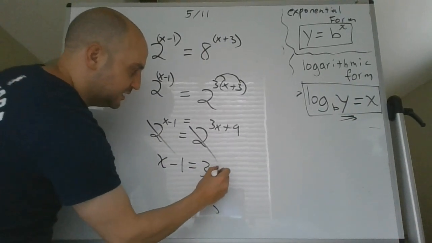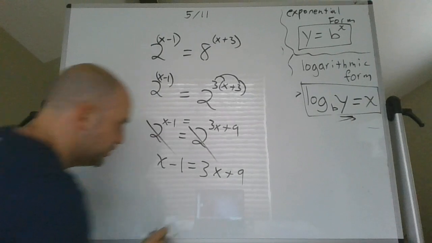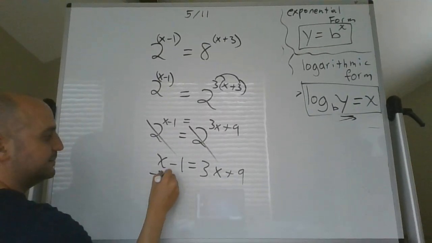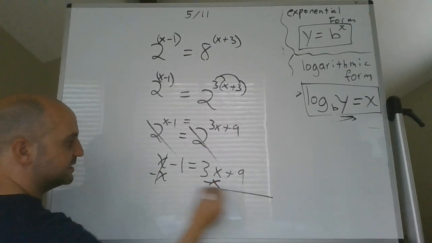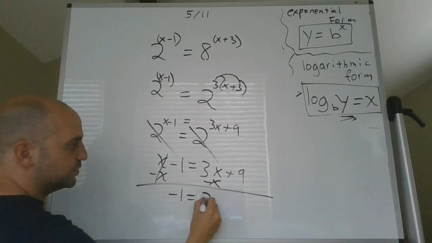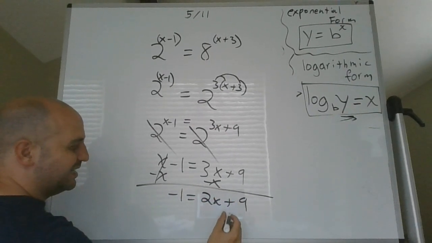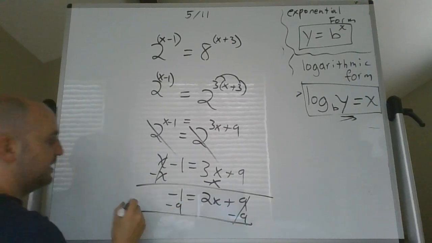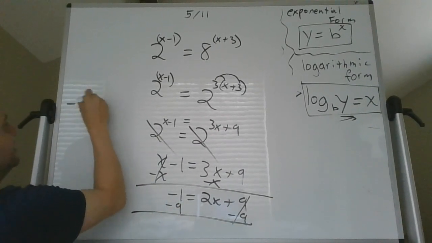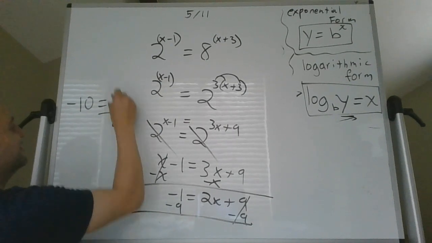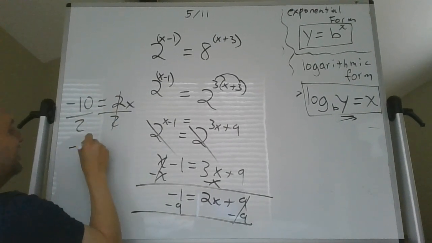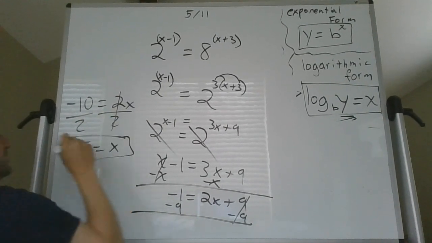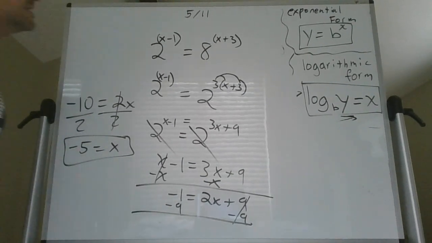X minus 1 equals 3x plus 9. At this point, you're just solving an algebra problem. Minus x, negative 1 equals 2x plus 9, minus 9, minus 9. That gives me negative 10 equals 2x. Divide by 2, I get negative 5 equals x. Done and done.